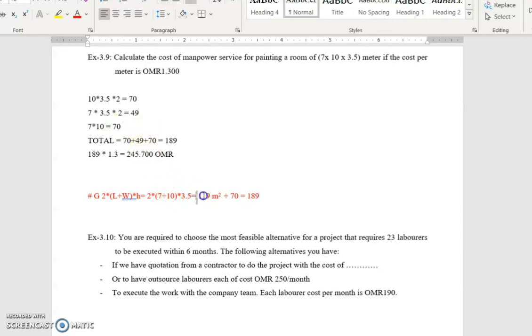For example, the wall cost 119 into 1.3. This is the wall cost, and the ceiling cost will be like this. Maybe we'll exclude the ceiling cost, and afterwards we can decide to use gypsum board for the ceiling.